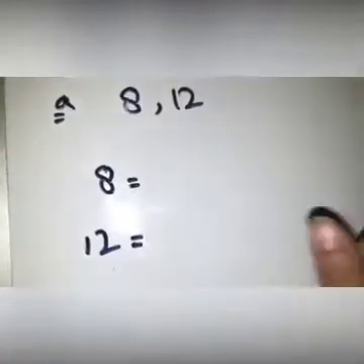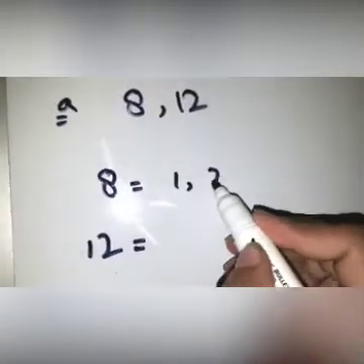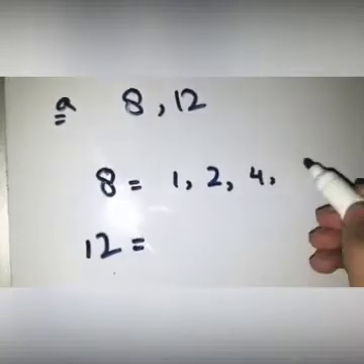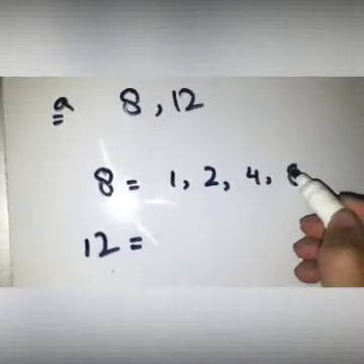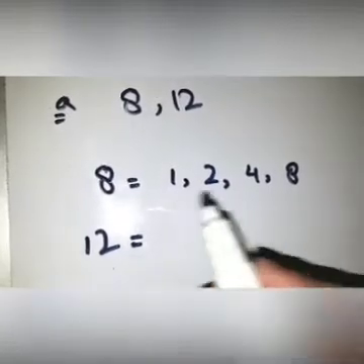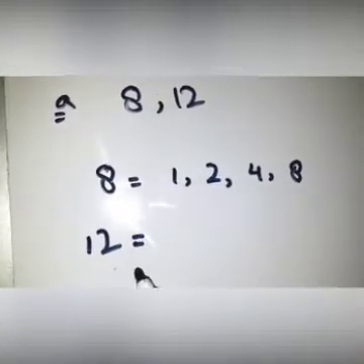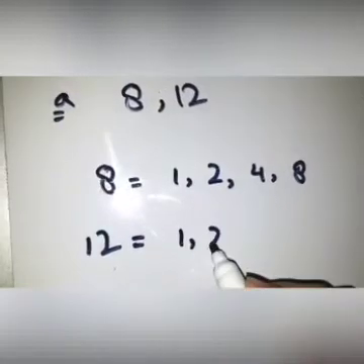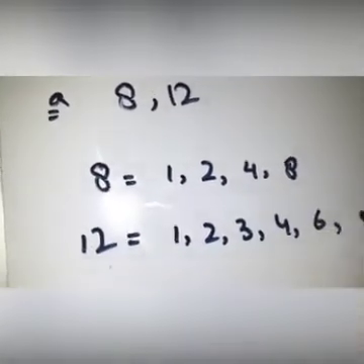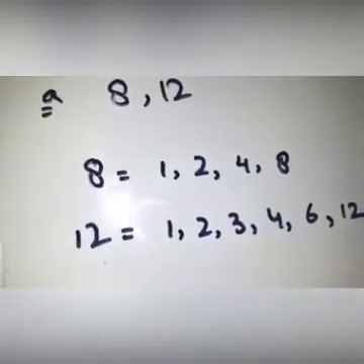We will start from 1: 1, 2, 4 and 8. These all are the factors of 8. Now the factors of 12: 1, 2, 3, 4, 6 and 12.